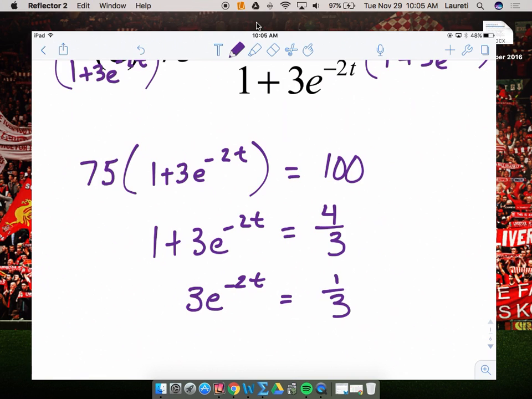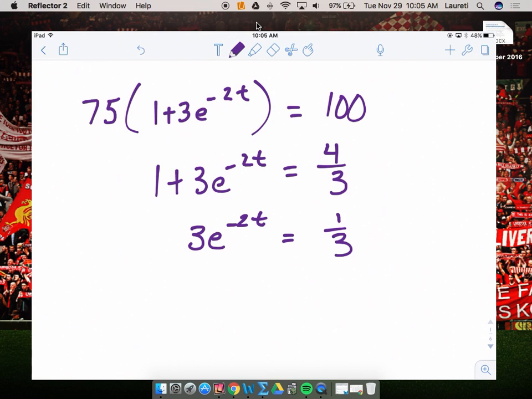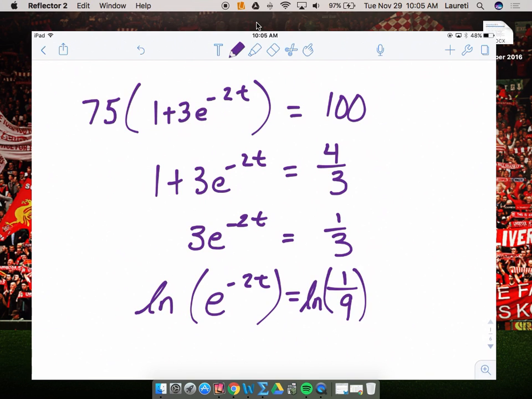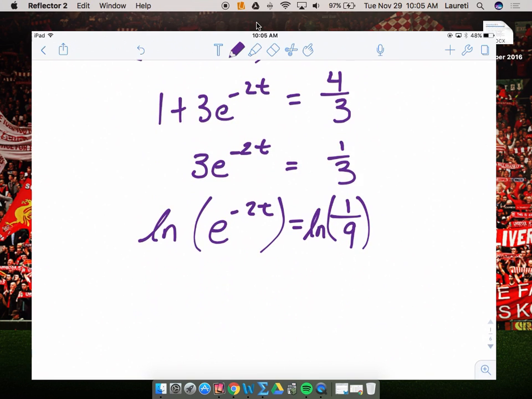Don't want to do that yet. Divide by 3. So that would be e to the negative 2t equals 1/9. Now I can take the natural log on both sides. So if I take the natural log on both sides, what does the left side turn into?